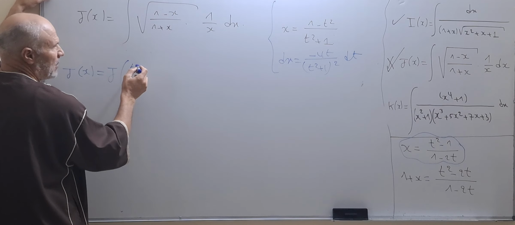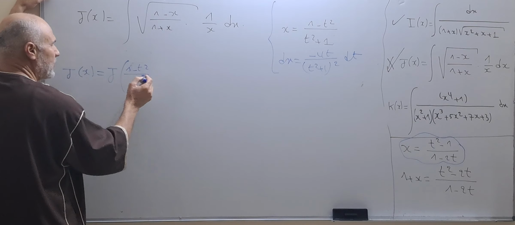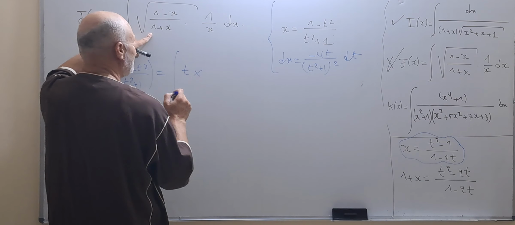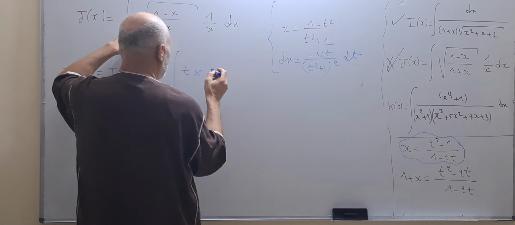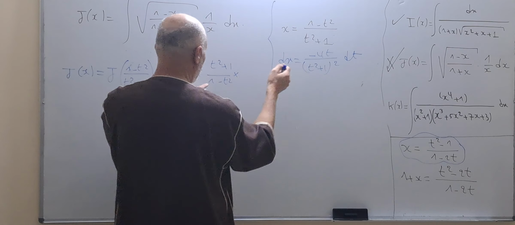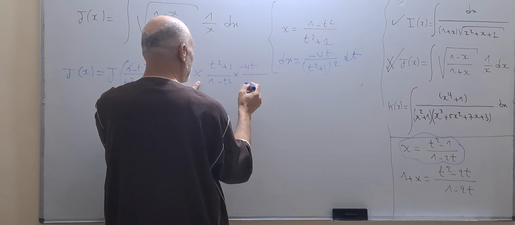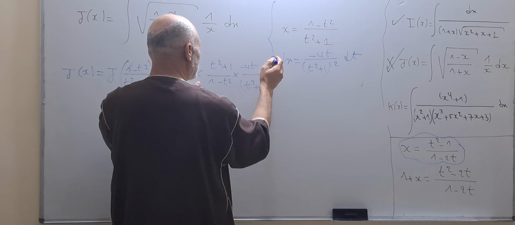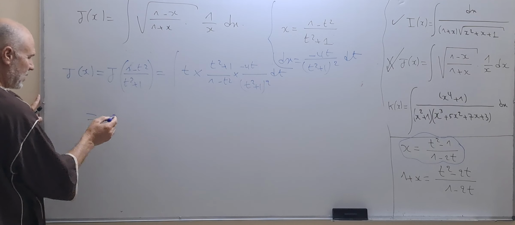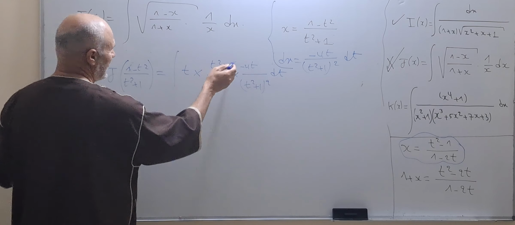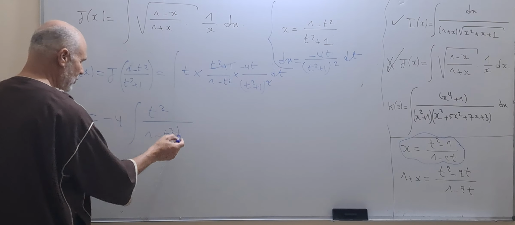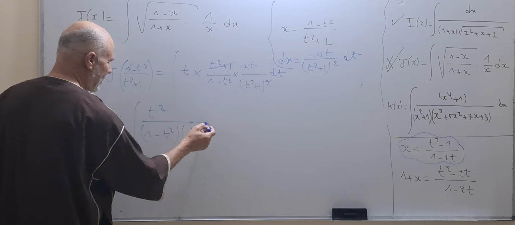The first part is t times 1 over x, which gives us (t squared plus 1) over (1 minus t squared), times dx, which is minus 4t over (t squared plus 1) squared dt. This yields minus 4 times the integral of t squared over (1 minus t squared)(t squared plus 1) dt.